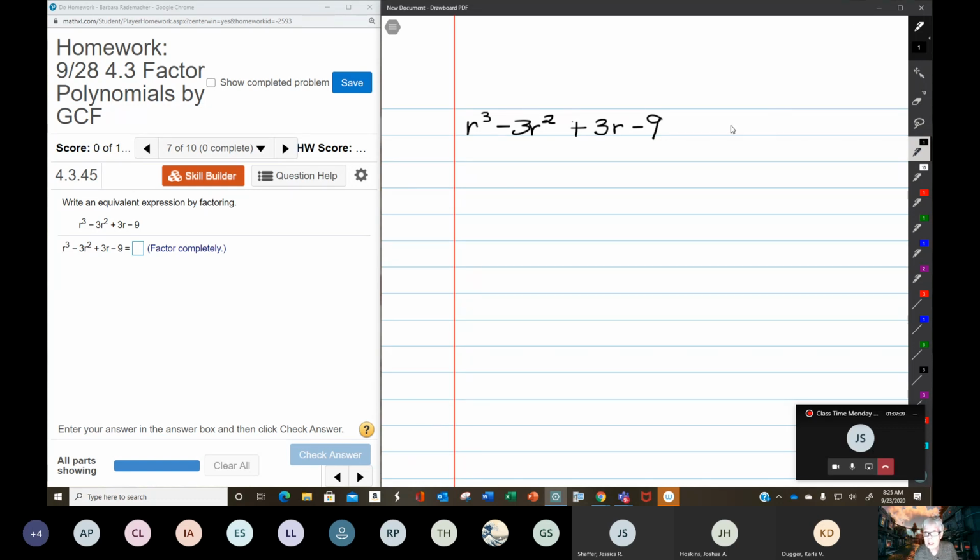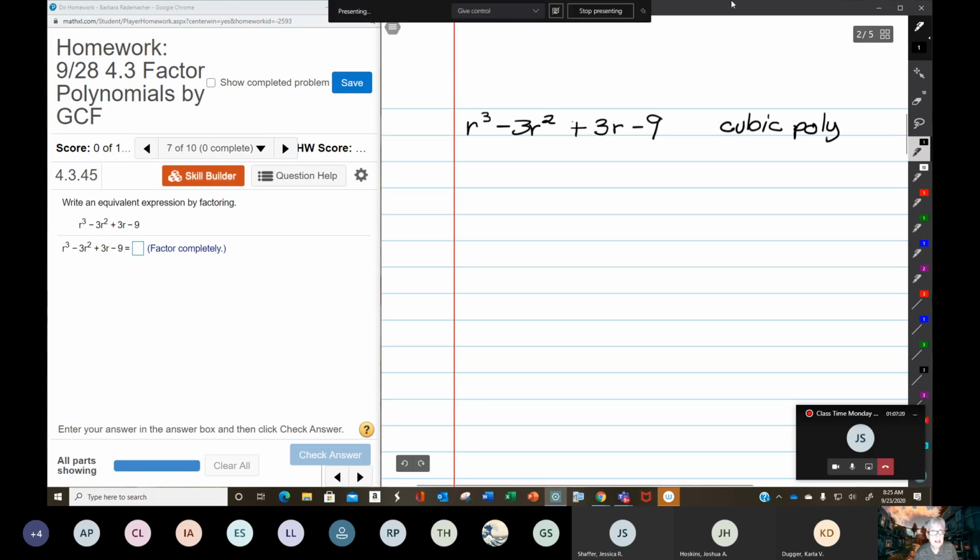This is a cubic, by the way, a cubic polynomial. But I'm going to just call it a poly, in the interest of time. We are going to use a method of factoring on this called factor by grouping.